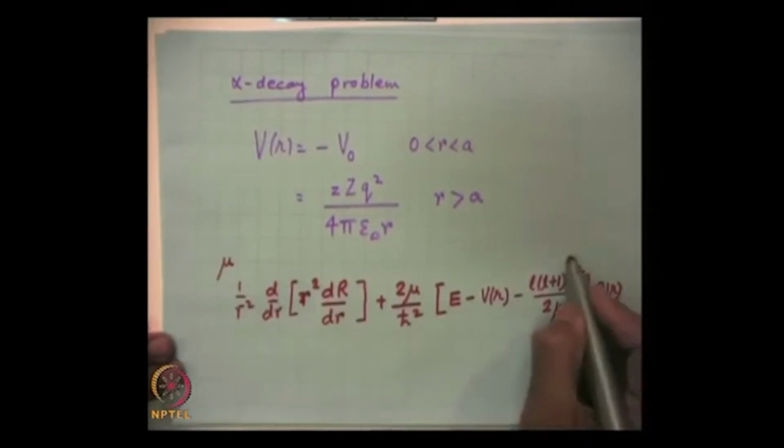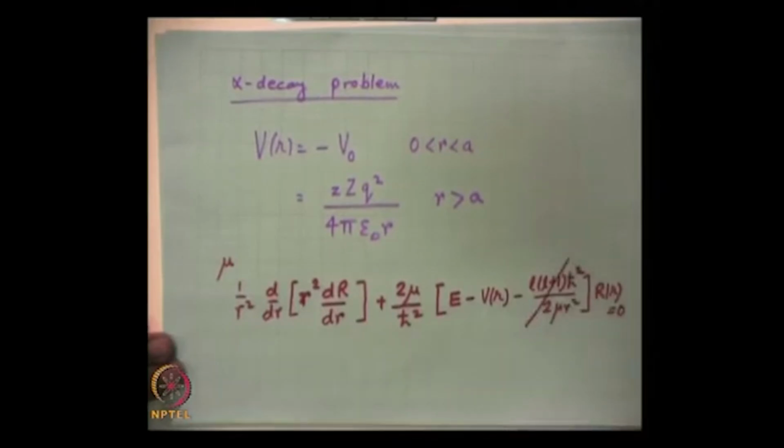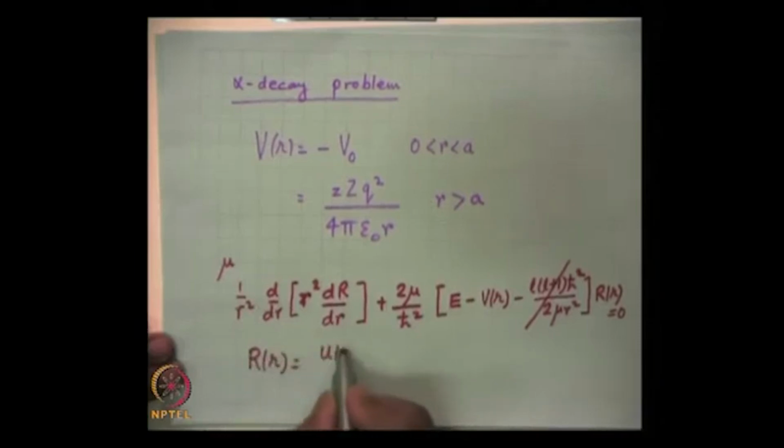So, I assume L to be 0, zero angular momentum, and then as we had done before, I define a function small u of r through this relation, R of r is equal to u of r by r.